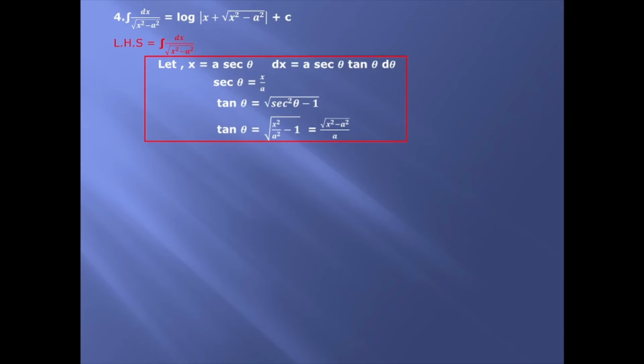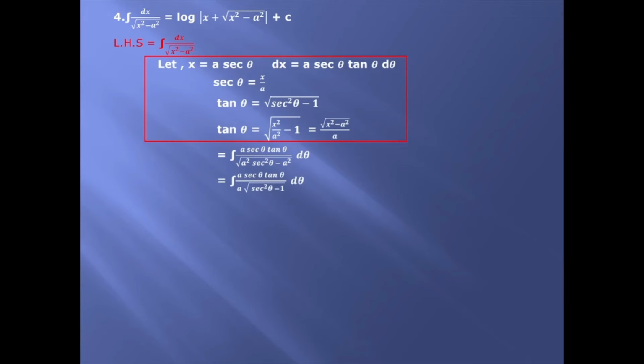Let this keep aside. So our integral will become integral of, instead of dx, a secant theta tan theta by root of a square secant square theta minus a square. Instead of x, a secant theta, so x square will be a square secant square theta minus a square.